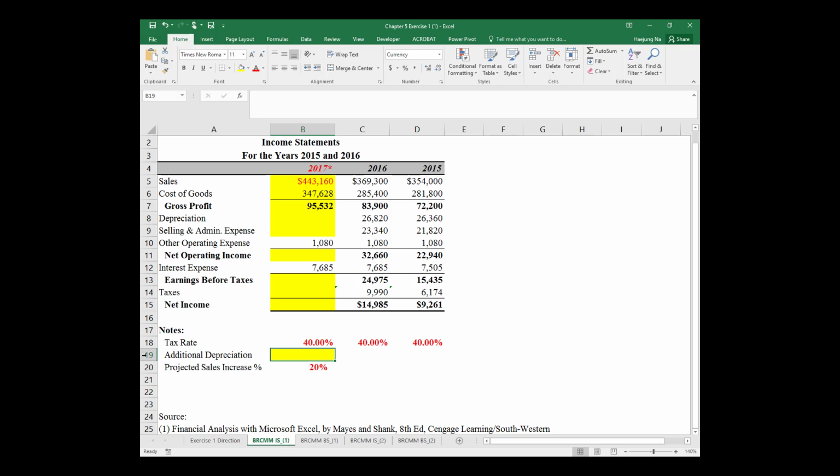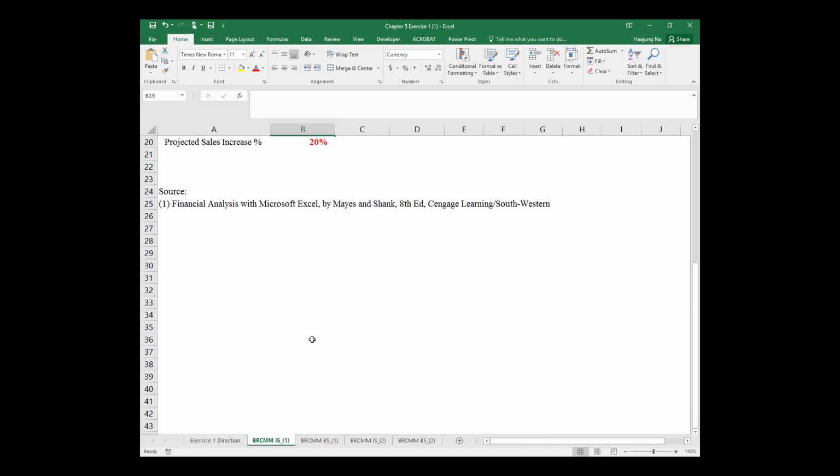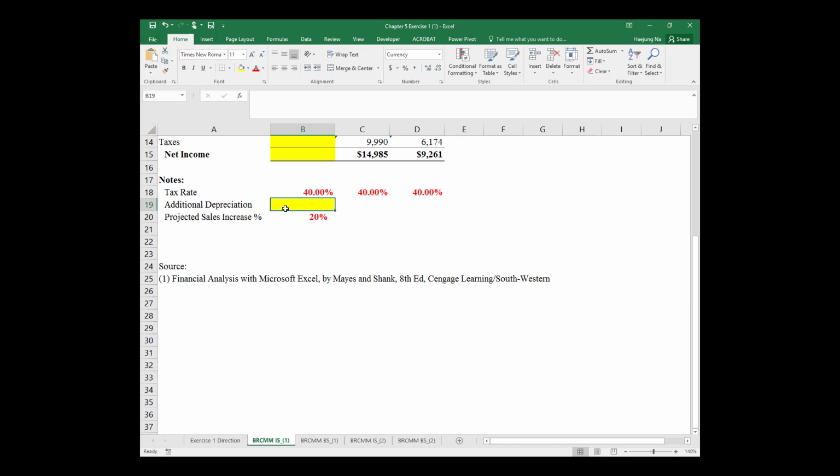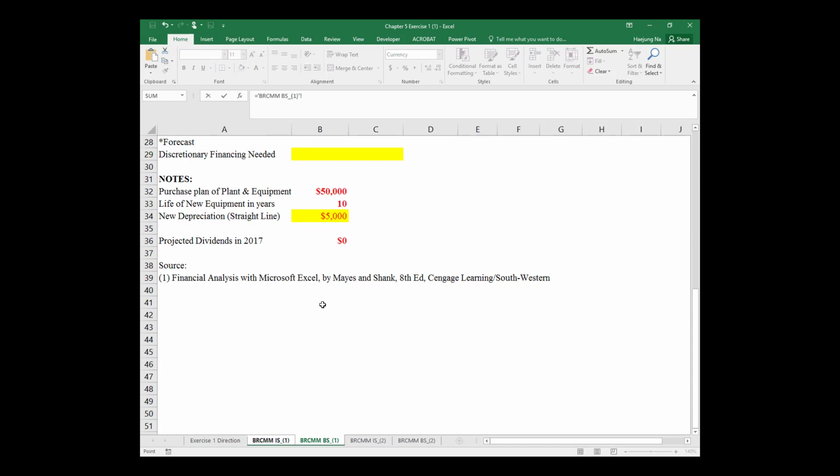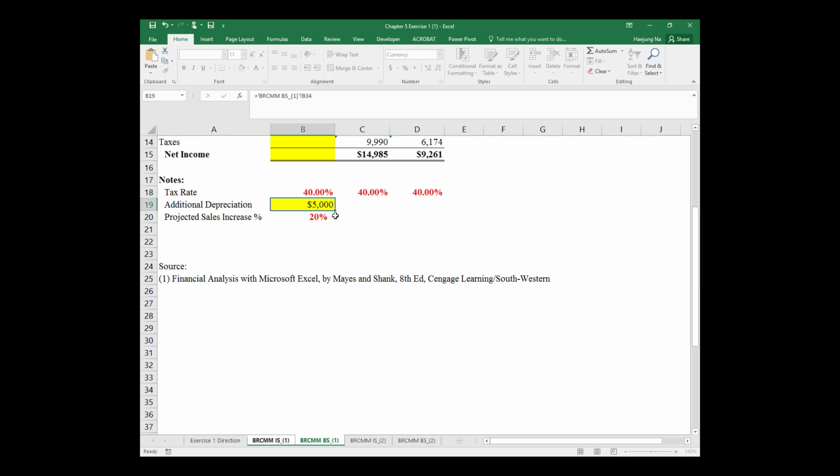So let's go back to income statement and go to B19, which says additional depreciation. You will have B19 right underneath 40% tax rate. Right? So here, if you remember the amount, you can just write down 5,000, or if you don't, simply put equal sign and go back to balance sheet and find out the new depreciation amount and say enter.